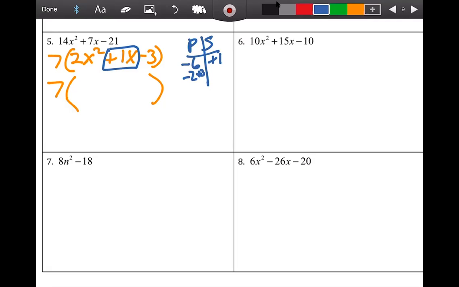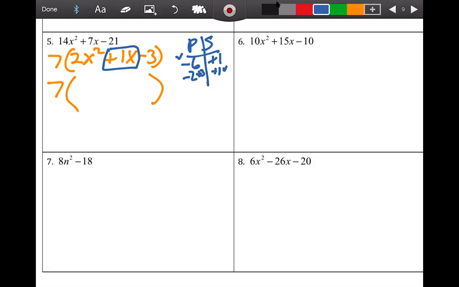Okay, that sounds good to everybody, I hope? Yeah. Okay, negative 2 times positive 3 is negative 6. Negative 2 plus positive 3 is positive 1. So they're both good. Because that's a 2, we can't just write x minus 2x plus 3, because x times x doesn't give me 2x squared.